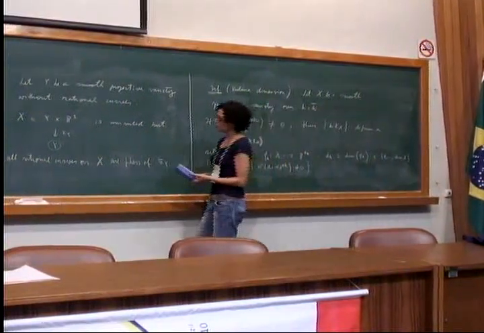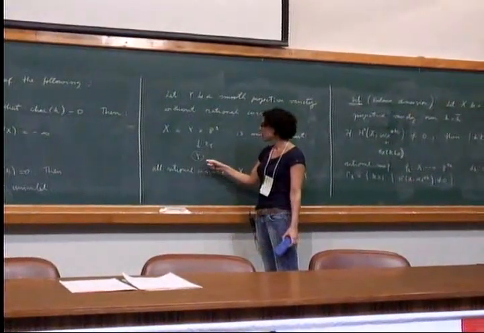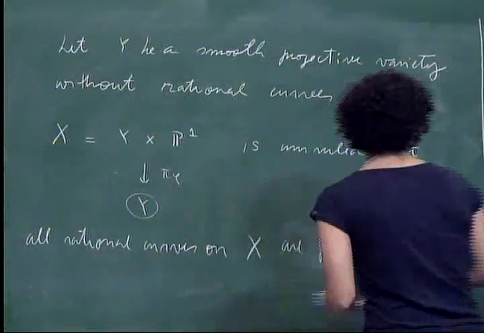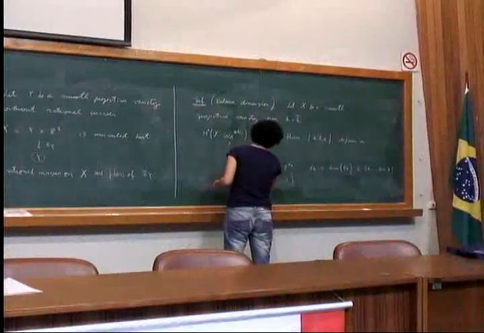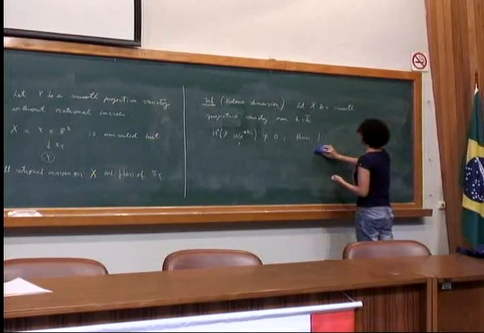So the problem here is that if you give me 2 points in Y, or general points in X, I cannot connect them by a rational curve. So this gives a motivation for the following stronger notion than uniruledness.